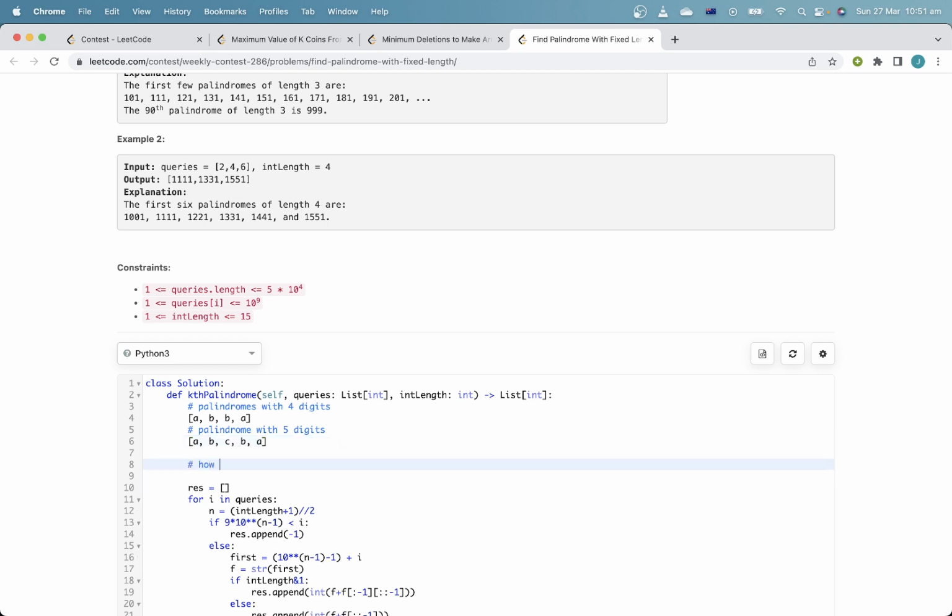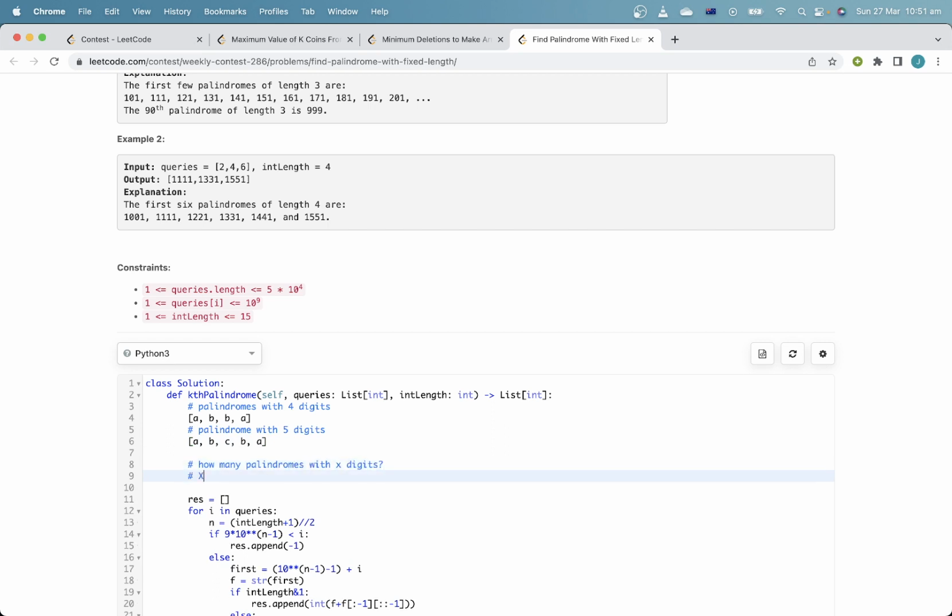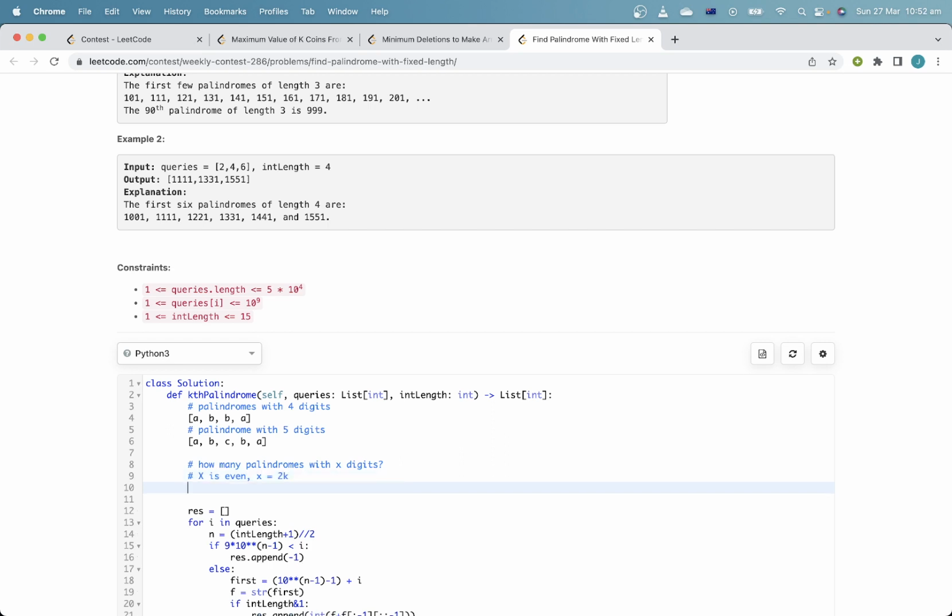First, let's consider X is even. Let's just say X equals 2K. So there's 2K digits. That means that only the first K digits actually matter. Well, we can see that basically pretty much any combination of these first K digits will just give us a unique palindrome.